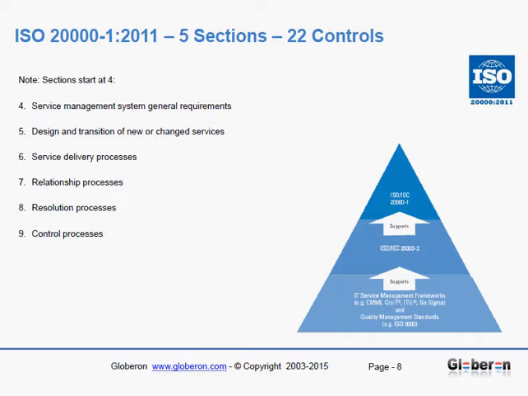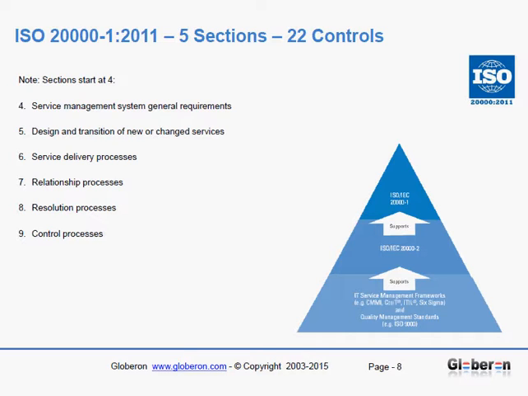They start at Chapter 4, so Service Management System General Requirements, Design and Transition of New or Changed Services, Service Delivery Processes, Relationship Processes, Resolution Processes, Control Processes. So there are 5 sections, but it covers a lot to do the management of a whole organization for the IT services. So it includes 22 controls as well.